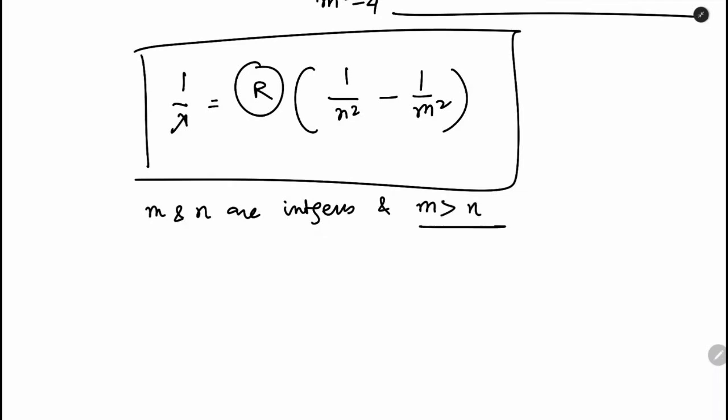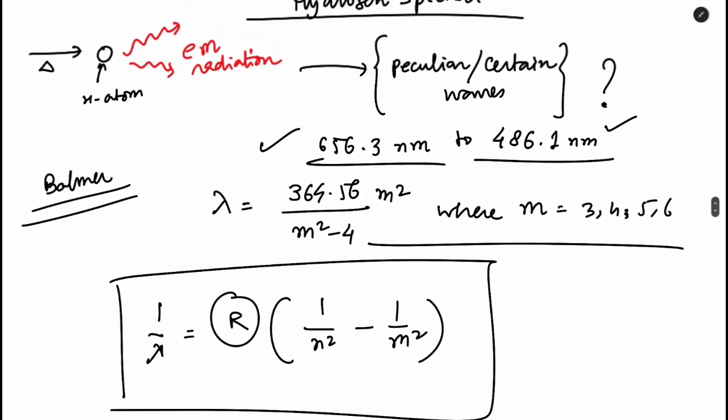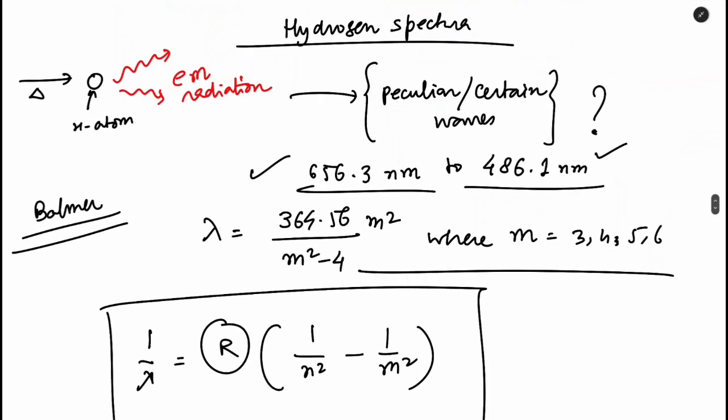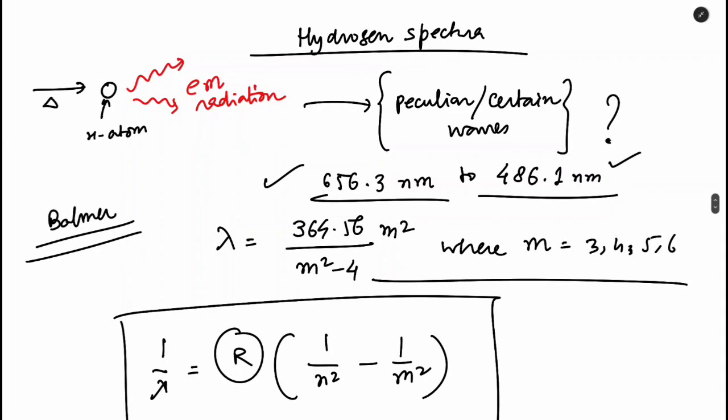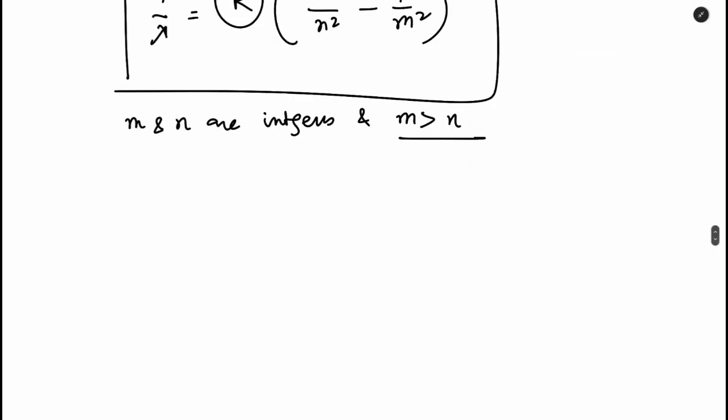How this happens, we will describe later on. For now, just look at the equation. So this was a peculiar phenomenon. We didn't know why certain wavelengths are coming. Hence, some people tried to get an equation and they came up with this random equation. For now, this is what we know.